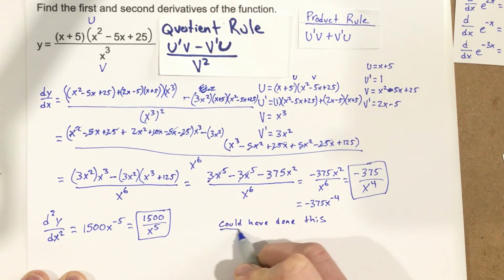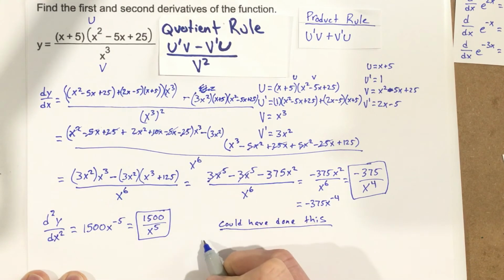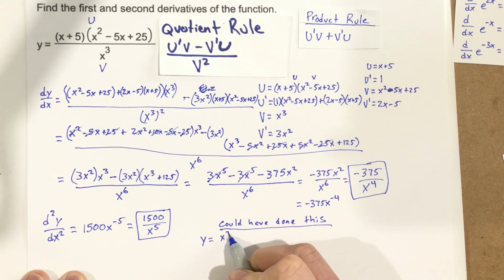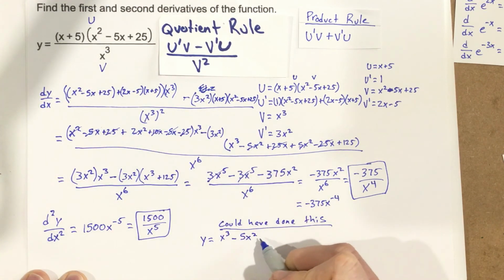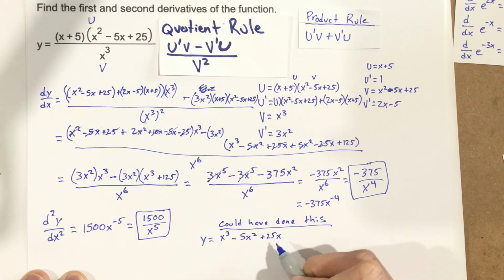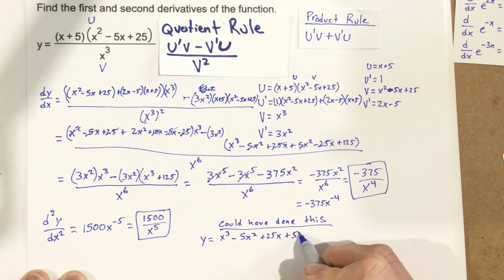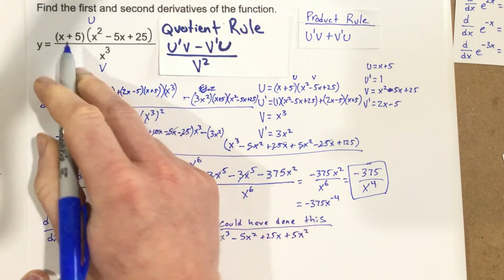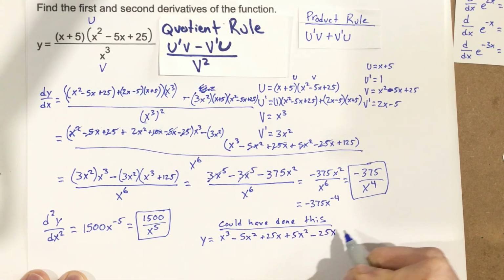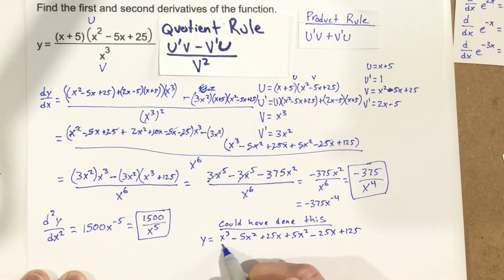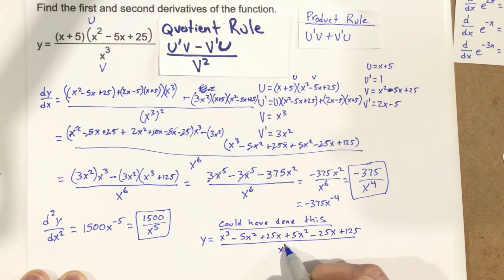So this is just after we found our answer, we're going to go back and say y equals, let's distribute, we get x cubed minus 5x squared, distributing here, plus 25x plus 5x squared, when we multiply here, minus 25x plus 125 all over x cubed.